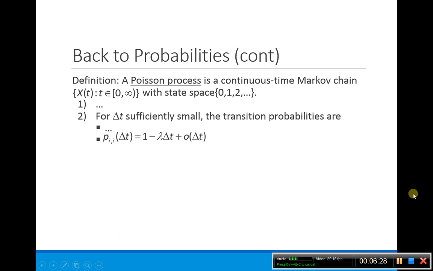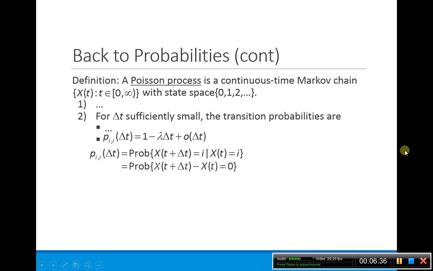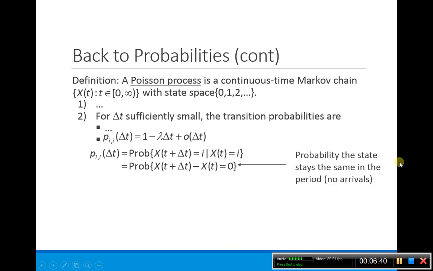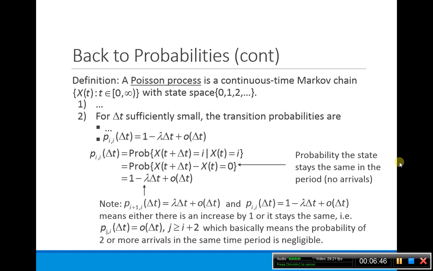Okay, so again, this was the probability of going from state i to state i. If we think about how to write this slightly differently, this is the probability that we have no arrivals during the time interval delta t, and this was given as 1 minus lambda delta t. Think about what this means. On the previous slide, the probability of increasing by 1 arrival was lambda delta t.